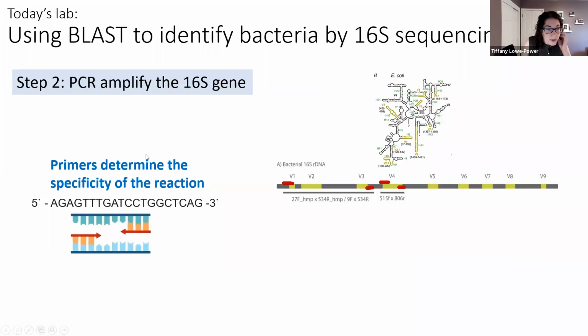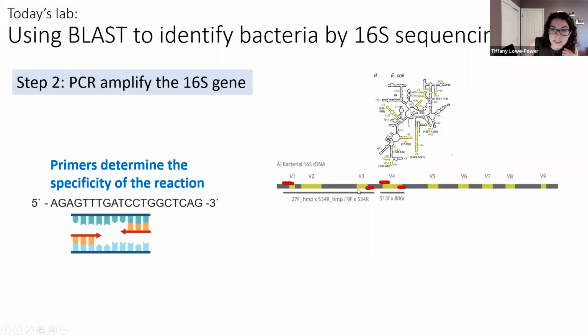And I think it's really important to know that the primers that you put into the reaction are what determines what DNA gets amplified. So if we were targeting the ribosomal DNA, I've drawn them on with this red marker. We'd probably have a forward primer that goes in this direction, and then a reverse primer on the other end.